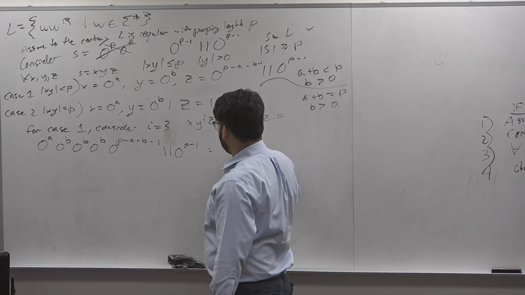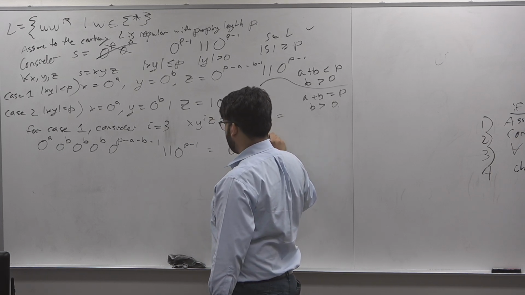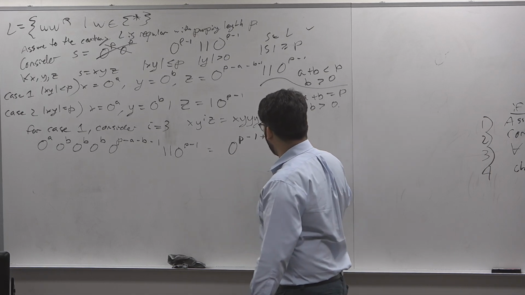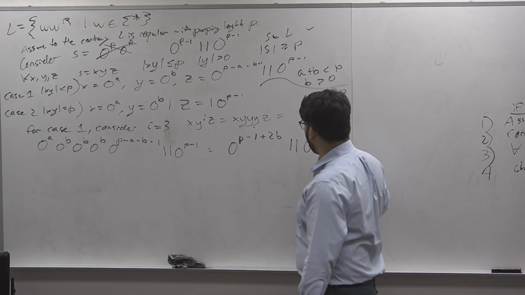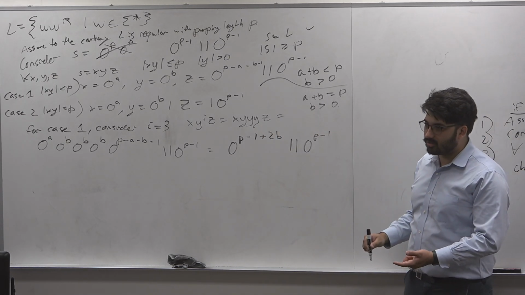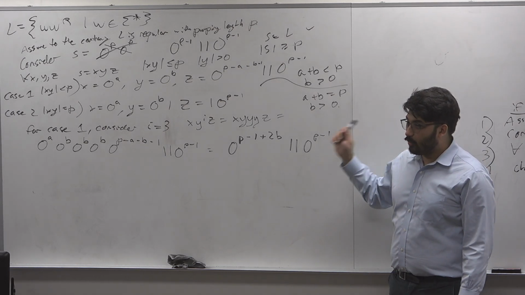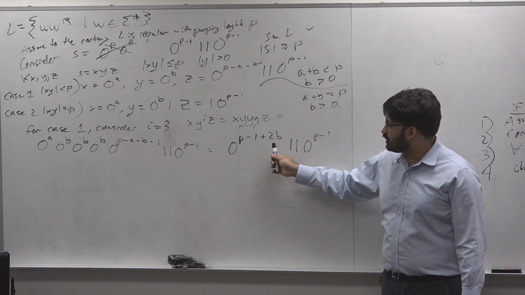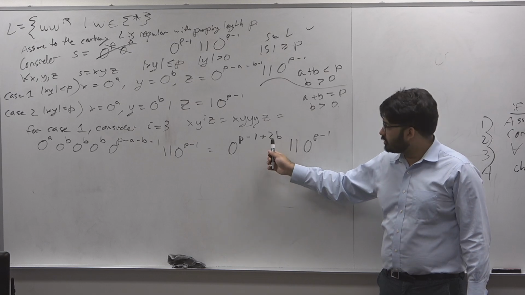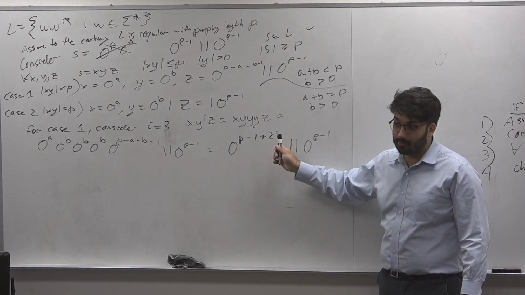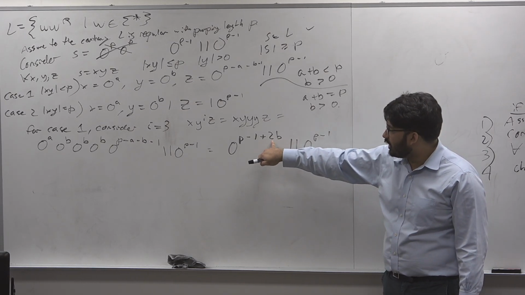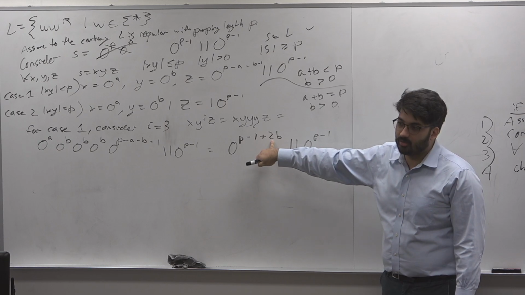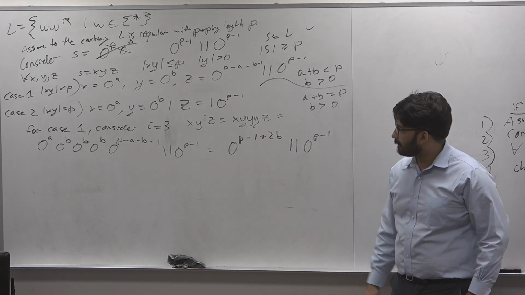P minus 1 plus 2B, 1, 1, 0 to the P minus 1, okay? We went around the loop 3 times, so there's an additional 2 times that we went around it. So we have A plus 2B here instead of A plus B. If we had i equals 2, this would have been B. Because if i equals 3, that's a 2B now, okay?